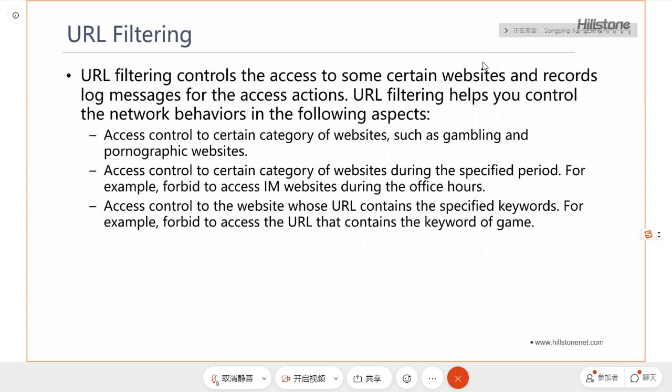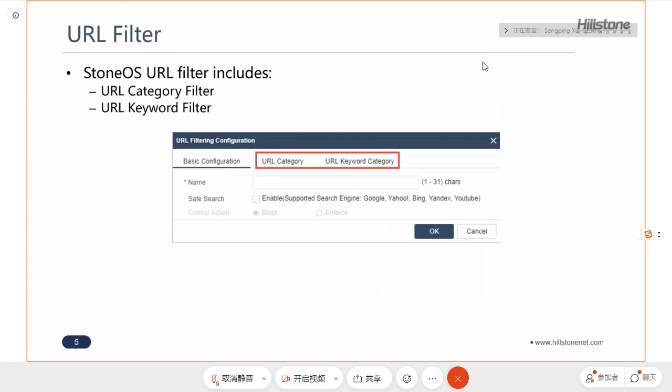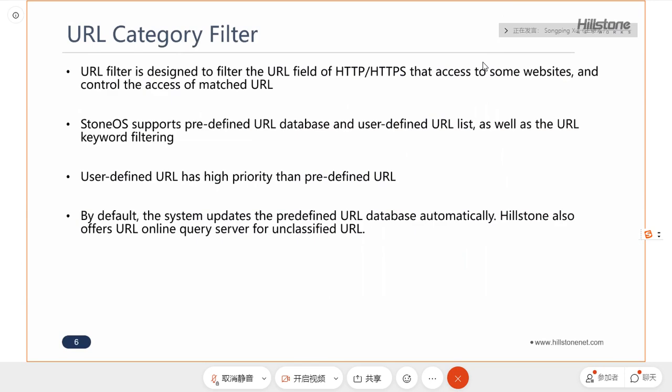Or also we can do some keyword control. The URL filter includes both URL category and URL keyword. For the category, we support 64 predefined URL categories, and you can also create your customized URL.